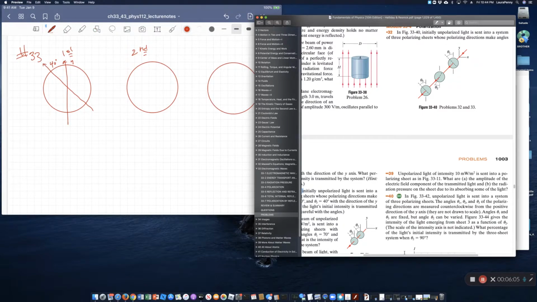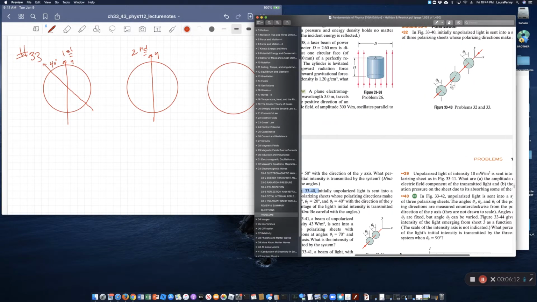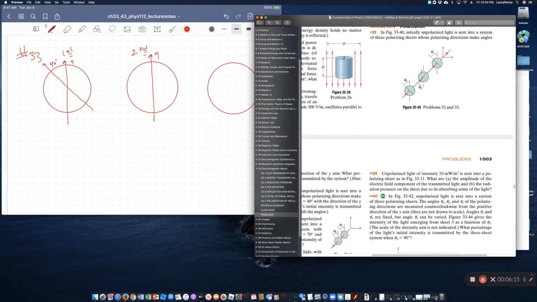Our second one, again, here's our y-axis, and it tells us that theta 2 here is actually 20 degrees, but notice theta 2 is from the negative y-axis, so it's actually like this. And this is 20 degrees, and then finally we're going to go through our third polarizer. And that's positive y, where again now theta 3 is actually the same as the first polarizer.